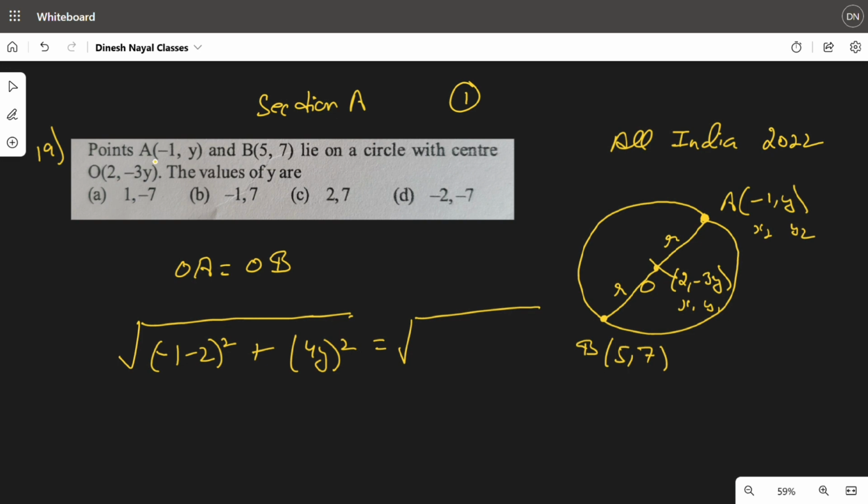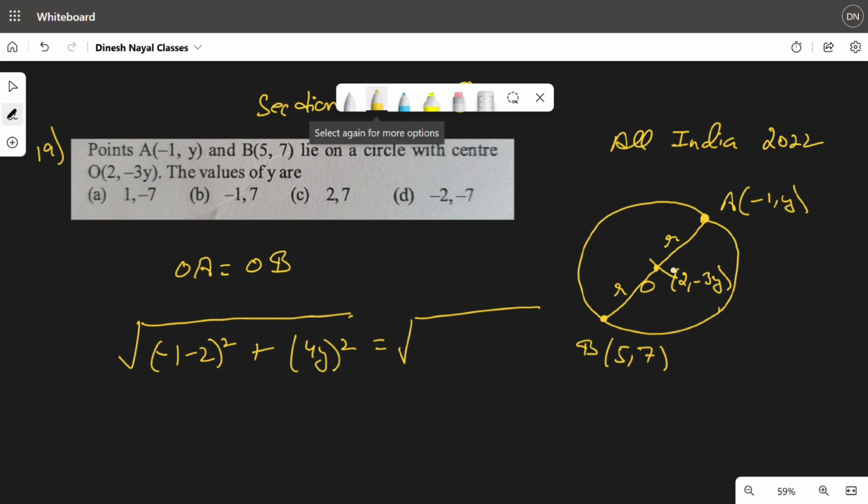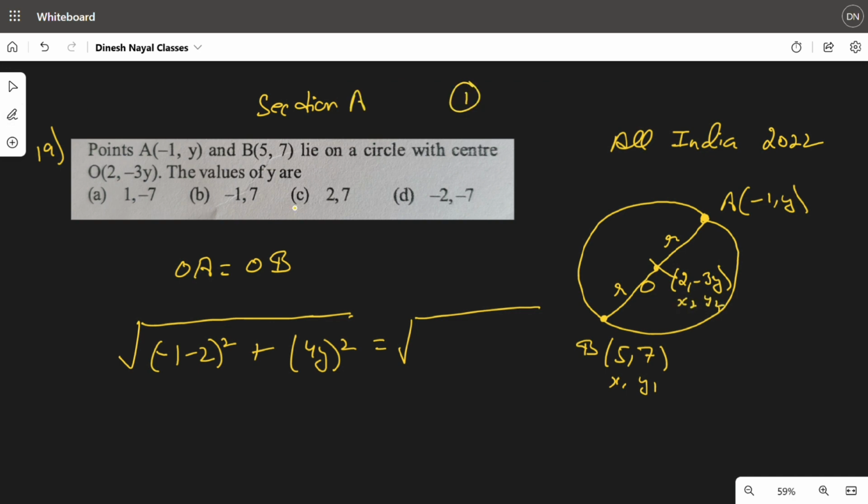Now for the OB, you can remove this. To find OB, you take this as x1, y1, and this as x2, y2. Now using the same thing, OB is x2 minus x1 whole square, so 2 minus 5 whole square, plus this is minus 3y, so minus 3y plus 7 whole square, whole under root.